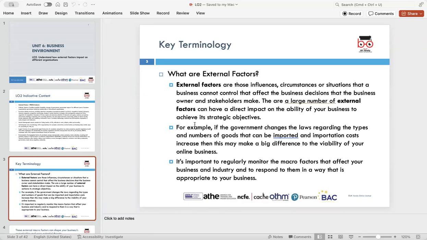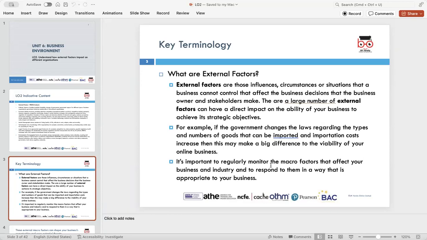The viability of your online business could be significantly impacted. For instance, if the government were to alter the rules that regulate the types and quantities of items that are permitted to be imported, and if the expenses associated with importation were to increase.